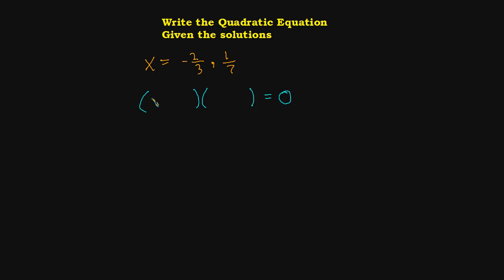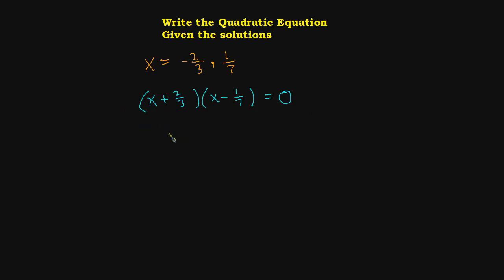In this case, what we could do really easily is just say x plus 2/3, and then x minus 1/7. That's just what I did a minute ago, except I had whole numbers instead of fractions. The only thing is that that's not considered the final form.